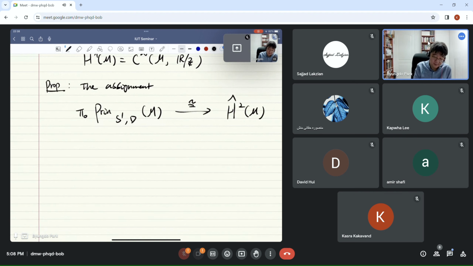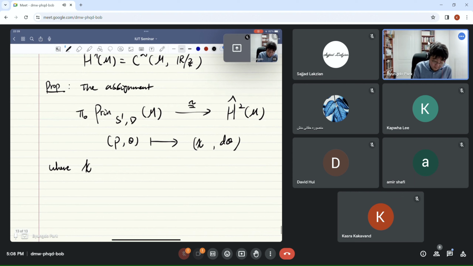So what's the map? You take a principal bundle with connection, right? Then you have to define this chi, and for this omega, you could just put the curvature. So then what's this chi? This gamma is any loop in M. So this is defined to be the holonomy of this along this gamma.